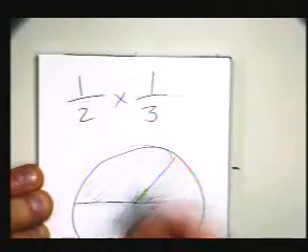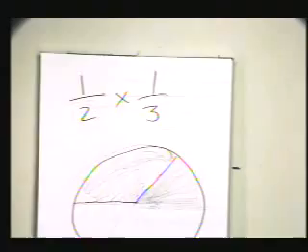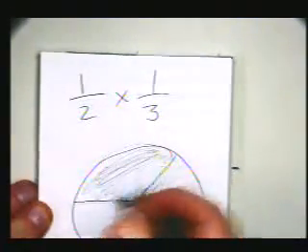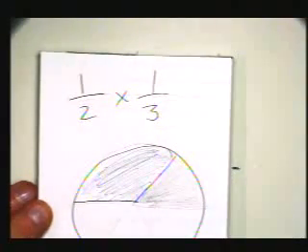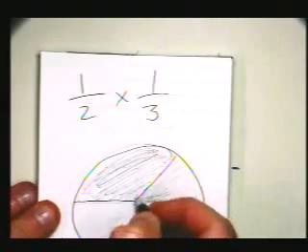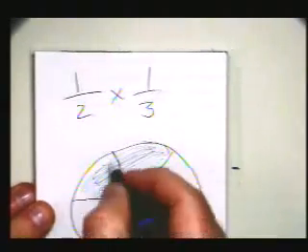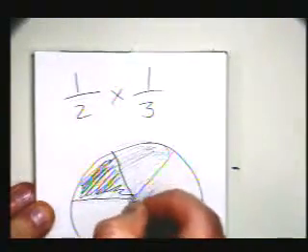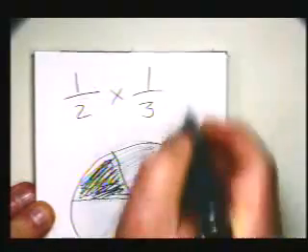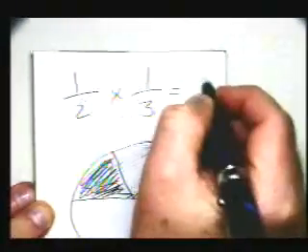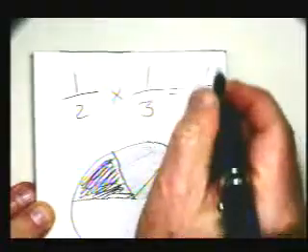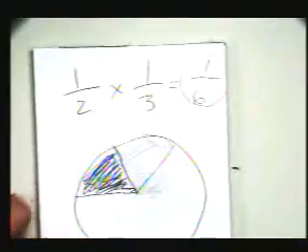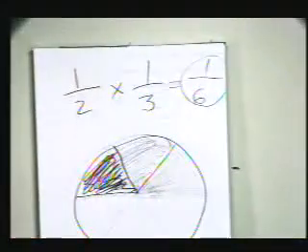See, I've had a lot of experience eating pizza, you can tell, right? But there's a third of a pizza, and we want half of that. Well, boom. We just want half. There it is. So we don't need to have a common denominator. We just do 1 times 1 is 1, 2 times 3 is 6, and boom, we get 1/6 of a pizza.